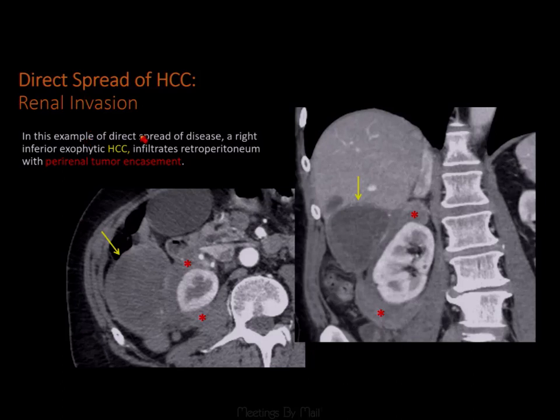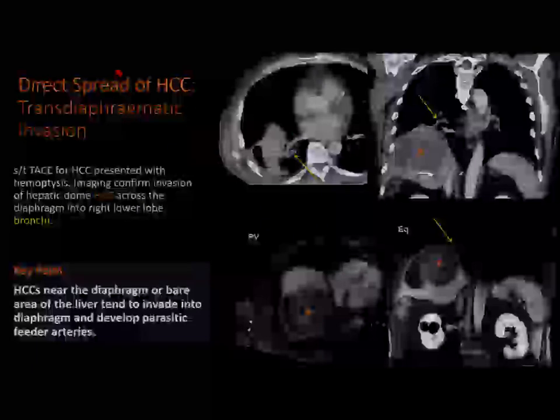This was a unique case we had, where the patient still has a viable tumor after treatment. The location of the tumor was subcapsular, and the tumor is extending into the retroperitoneum and encasing the right kidney. Again, this was an unusual case. It doesn't happen that often, but similar to the peritoneal spread of tumor, you can see retroperitoneal invasion of HCC.